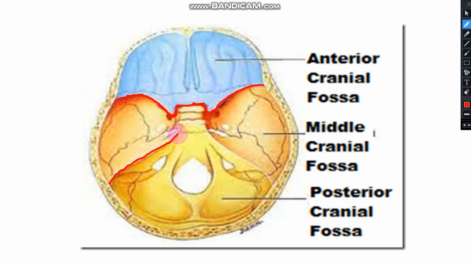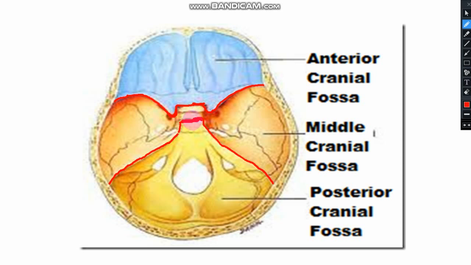As well as here, this one is the dorsum sellae, on one side and similarly on the other side. So the posterior margin is the superior border of the petrous part of the temporal bone and the dorsum sellae of the sphenoid.